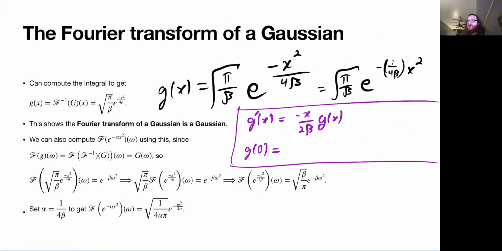So g of 0 is going to be the integral from minus infinity up to infinity of e to the minus beta omega squared d omega, which you can do a change of variables to get 1 over square root beta times the integral from minus infinity up to infinity of e to the minus z squared dz.